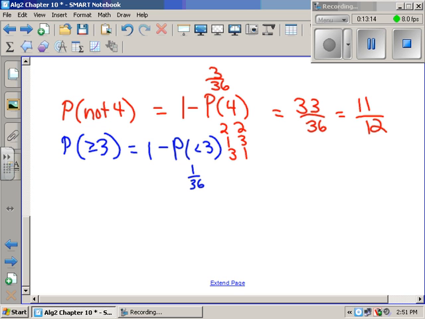So the probability of getting greater than or equal to 3 is 1 minus 1 over 36, which is 35 over 36. Okay? So that's a complement. You use a complement, the opposite of what you're trying to find, to usually do a shorthand or shortcut way, kind of go to the back door and get to the problem that you're trying to solve.